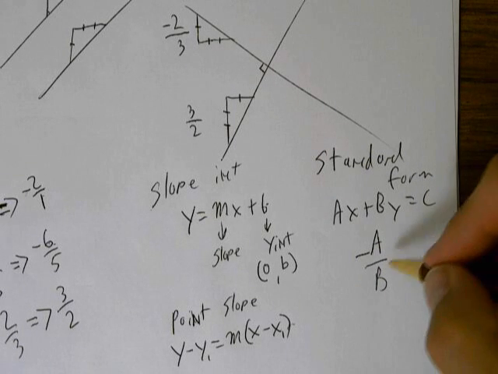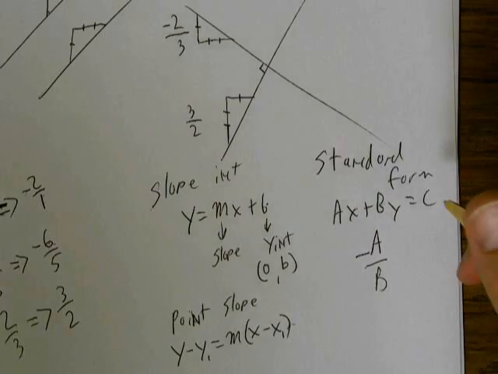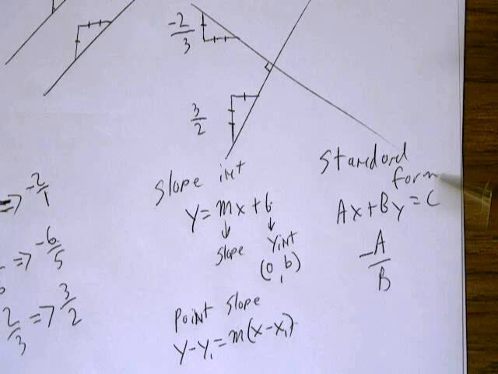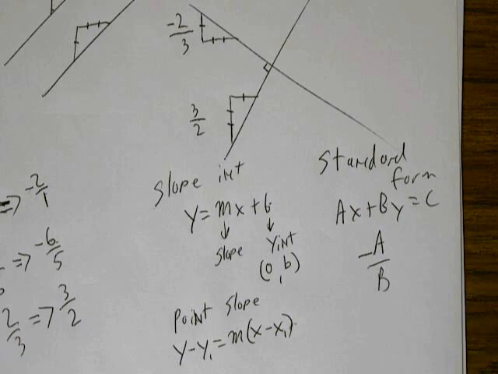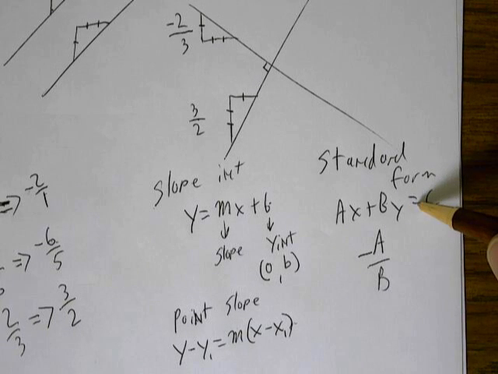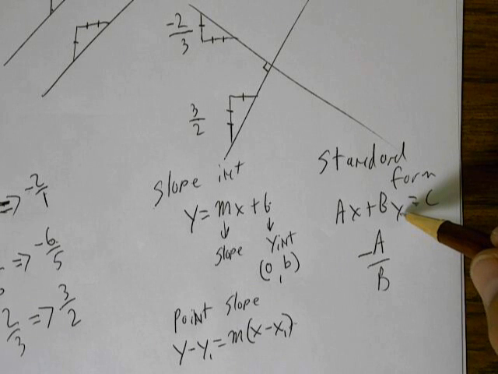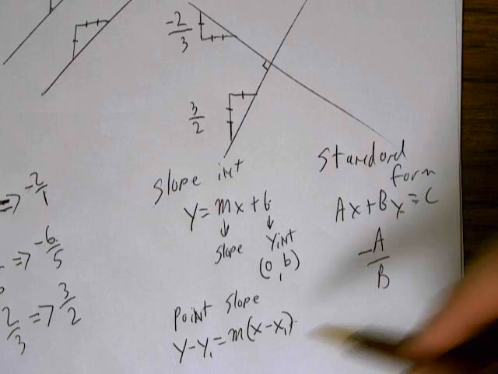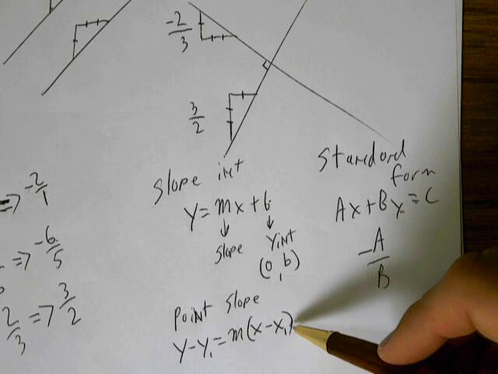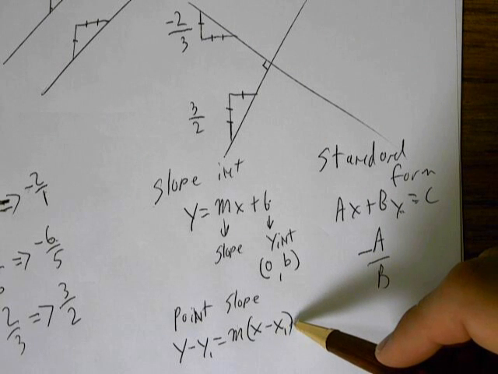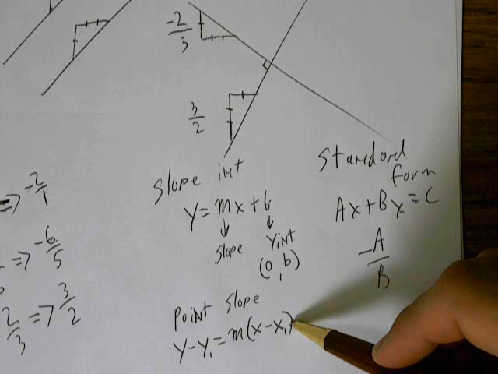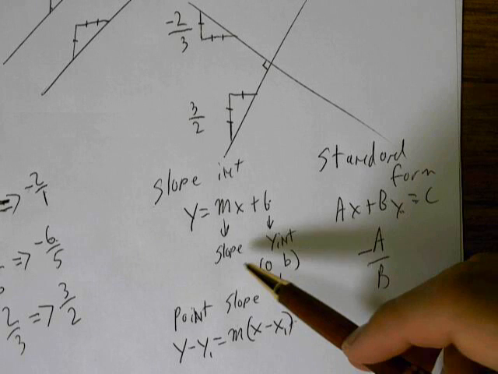So while that's fairly easy to get, that part of it, and actually this is probably the easiest to go from an equation to a graph. This one's the quickest to graph. This one's the quickest to go from 2 points to an equation, right?